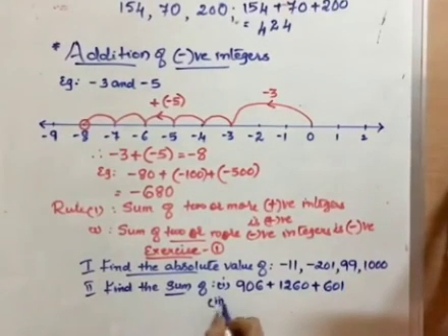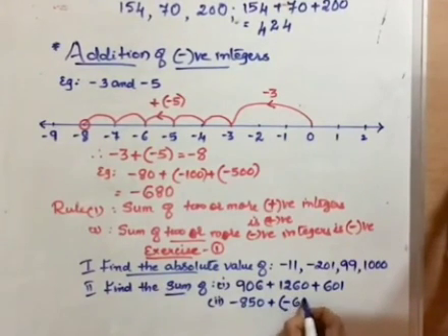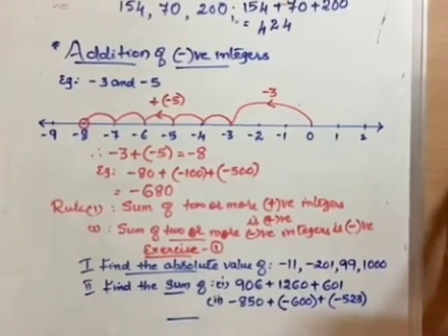One more. Minus 850 plus of, children, you know how to read this? Plus of, because we have two signs together. 600 plus negative 523. So this is your homework.